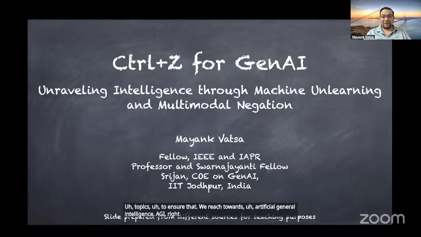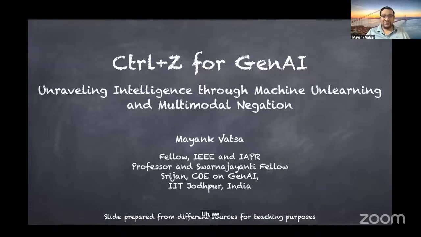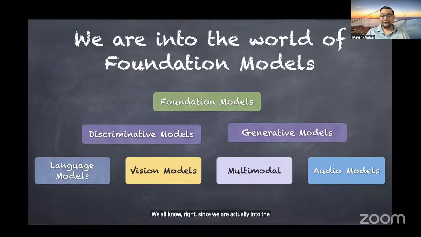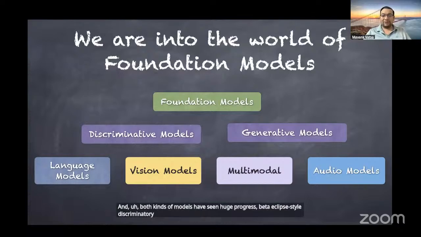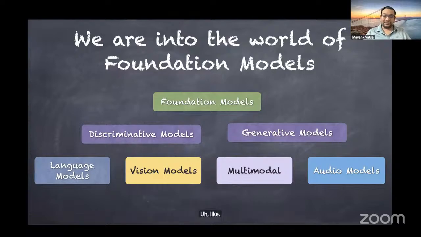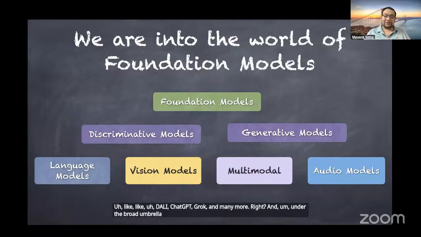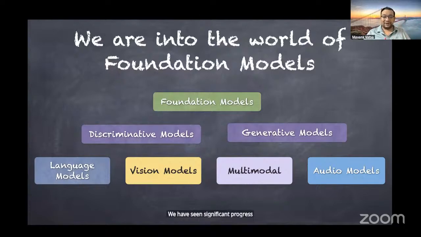The current capabilities of AGIs are, we all know, right? We are actually into the world of foundation models, and both kinds of models have seen huge progress, be it a CLIP-style discriminative model or generative foundation models like DALL-E, ChatGPT, Grok, and many more. Under the broad umbrella of foundation models, we have seen significant progress in language models.